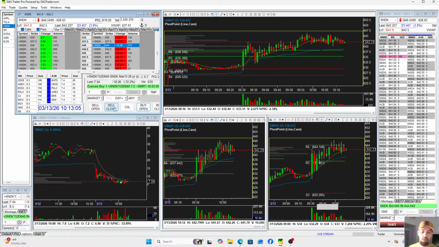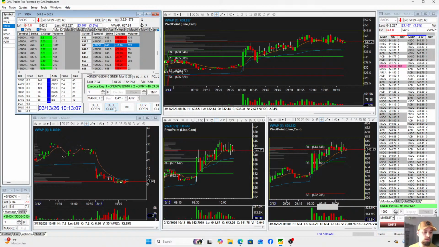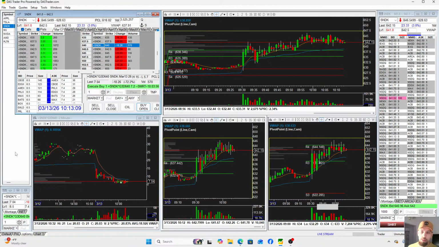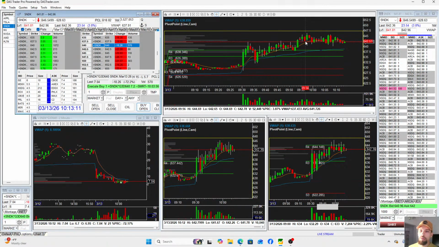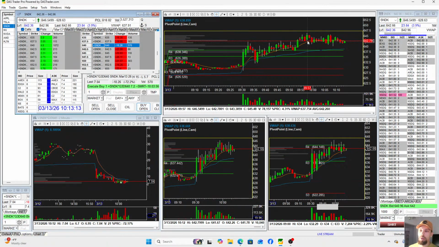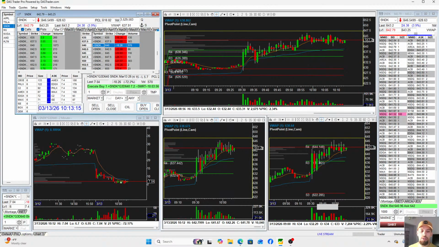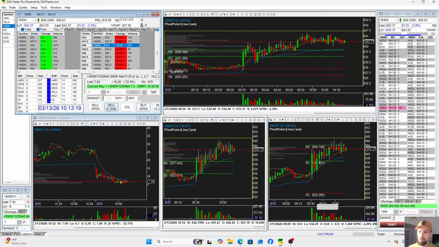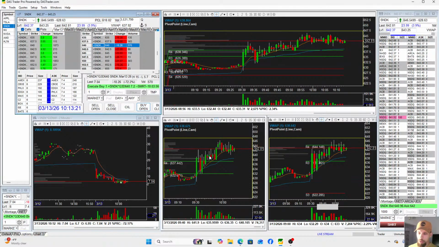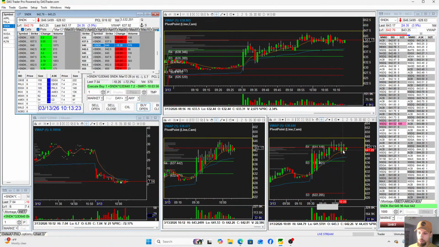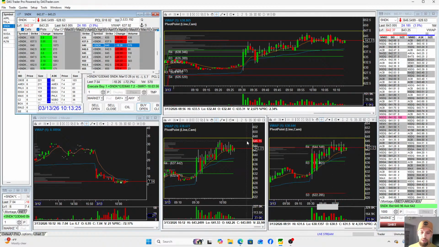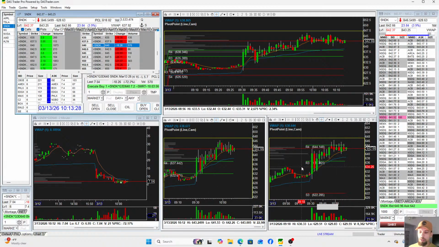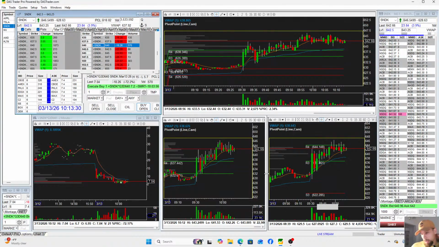It'd be nice to get back to VWAP at least, but we have definitely seemed to find value at this price of $642 for SanDisk. Let's see, are the buyers going to step in? The 3-minute chart is bouncing off that moving average very nicely, so see if it's going to respect that trend.